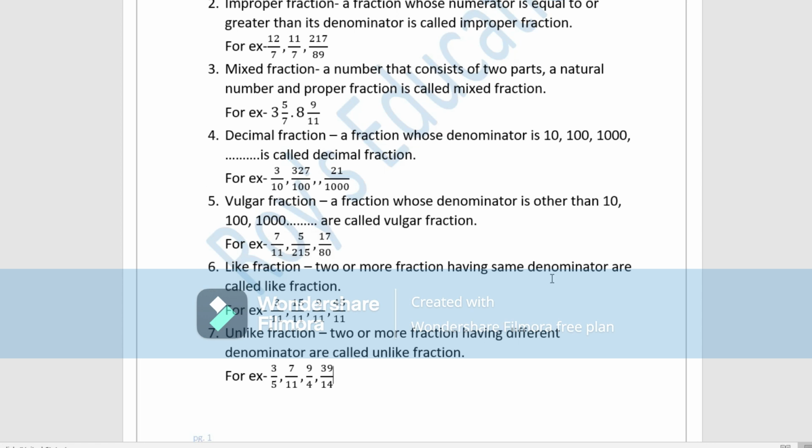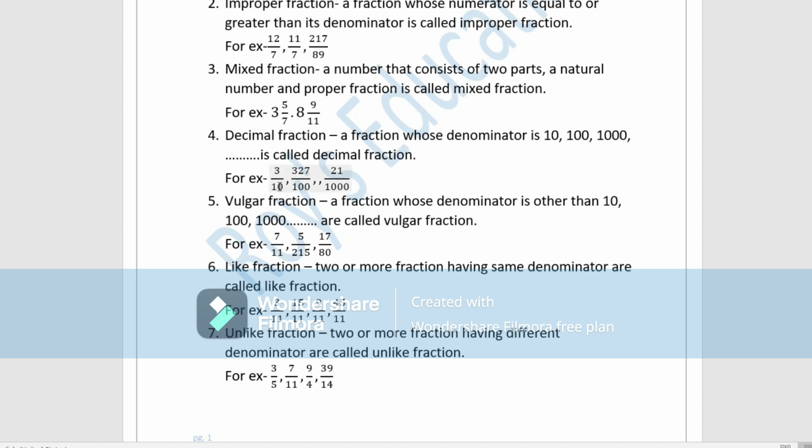Next, vulgar fraction. What is a vulgar fraction? A fraction whose denominator is other than 10, 100, 1000, 10,000 is called a vulgar fraction. That means 10, 100, 1000 are the decimal fractions, and whatever other number you write, all those fractions are called vulgar fractions.